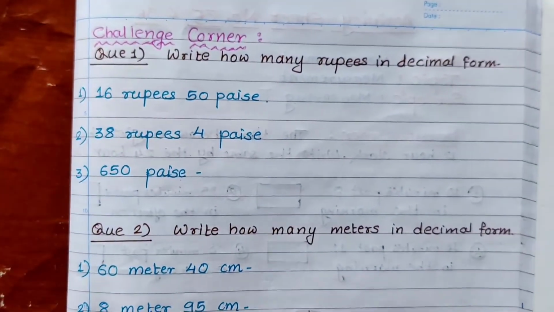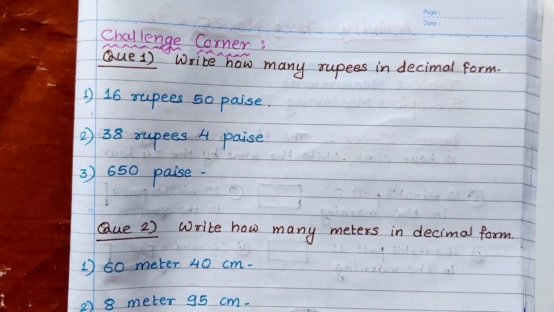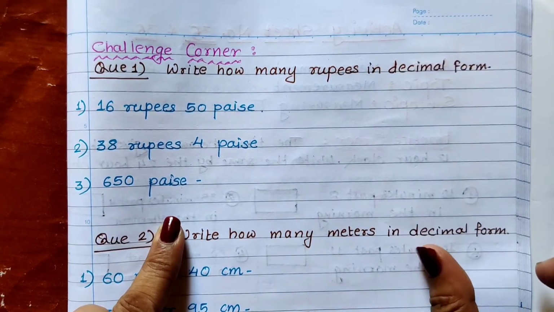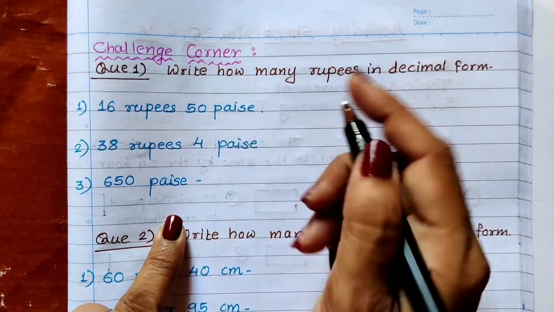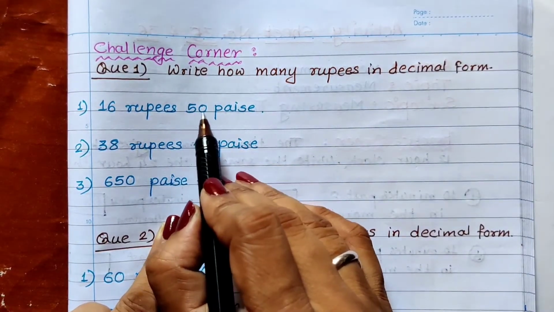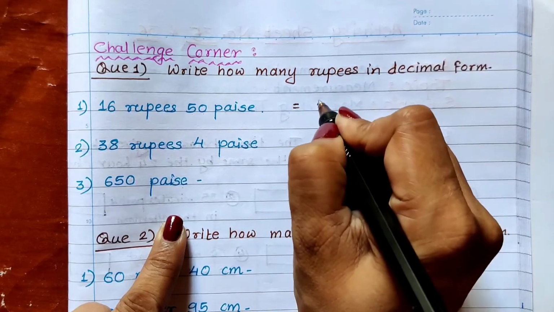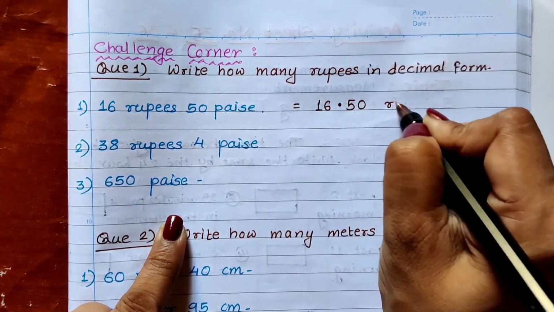In challenge corner, we have to write how many rupees in decimal form. That means we have to use decimal point here. So 60 rupees 50 paise means what? See, 2 digits are there, so we can directly write is equal to 60.50 rupees.